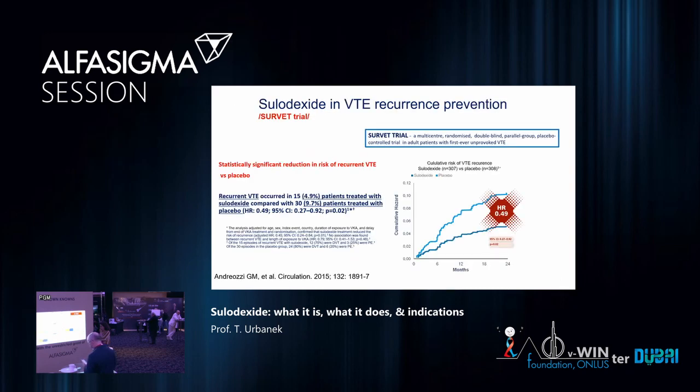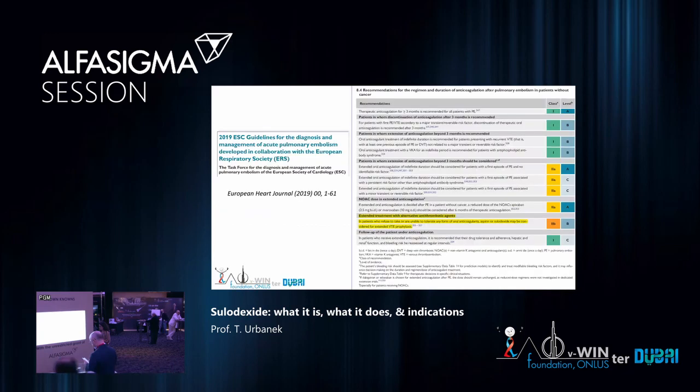After the SURVET trial, we know that when using sulodexide after therapeutic anticoagulation for 2 years, in the sulodexide therapy group, when compared to the placebo group, a significant reduction in recurrent VTE was observed, which was significantly lower in the patients treated with sulodexide.